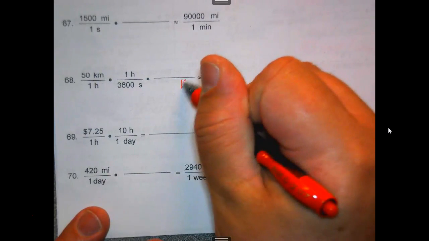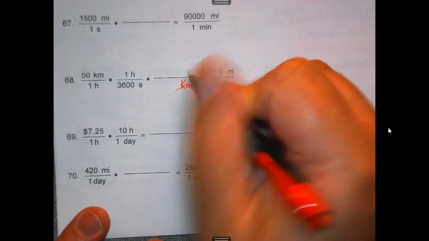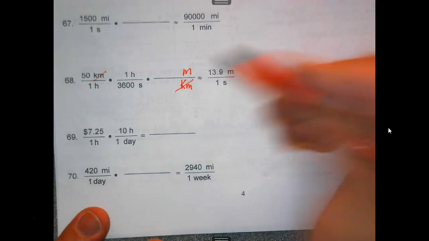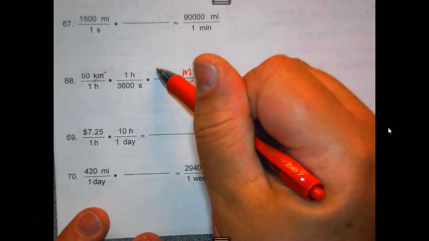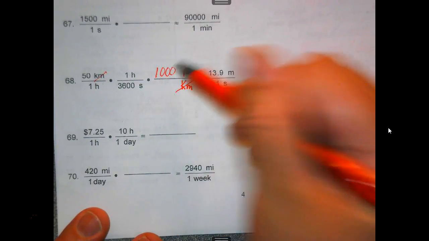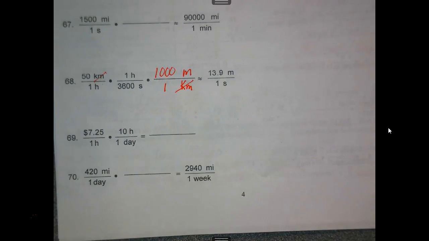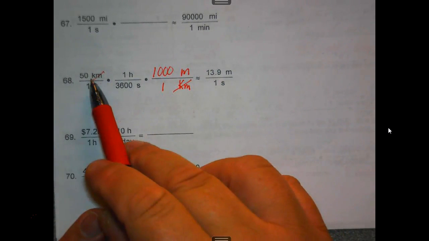See, I want kilometers to be in the bottom because I want them to cancel. And that means I want meters in the top. And there happens to be 1,000 meters in 1 kilometer. Yes. That K is 1,000.